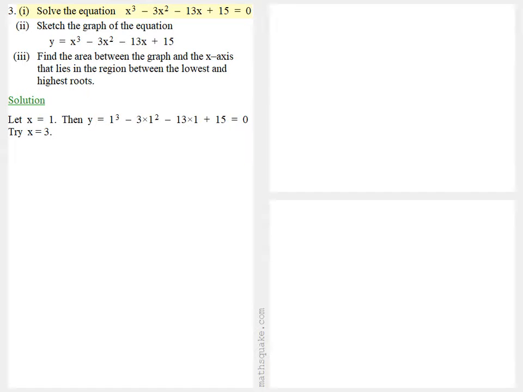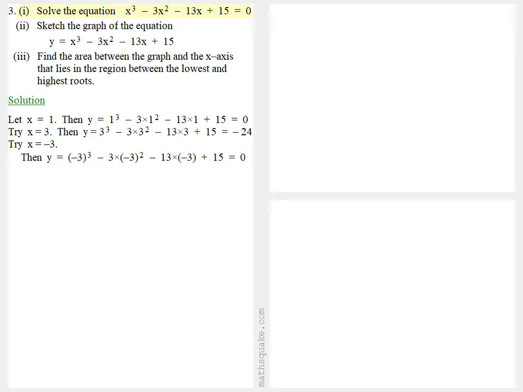If we try x equals 3, then y equals 3 cubed minus 3 times 3 squared minus 13 times 3 plus 15, which is minus 24. If we try x is minus 3, then y equals minus 3 cubed minus 3 times minus 3 squared minus 13 times minus 3 plus 15, which does work out to be 0.